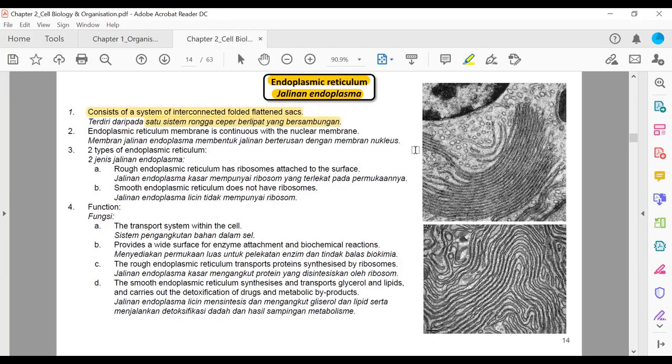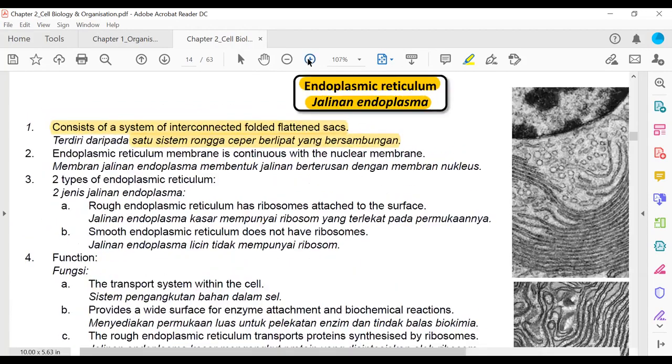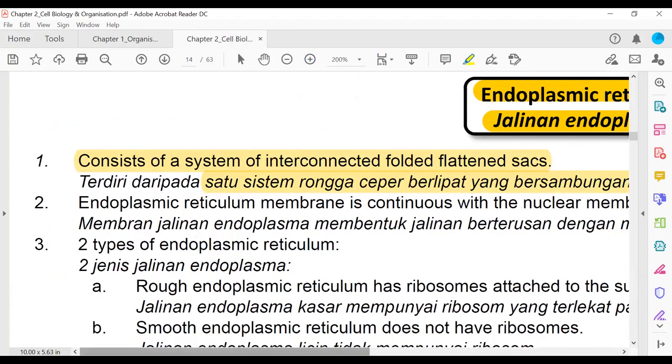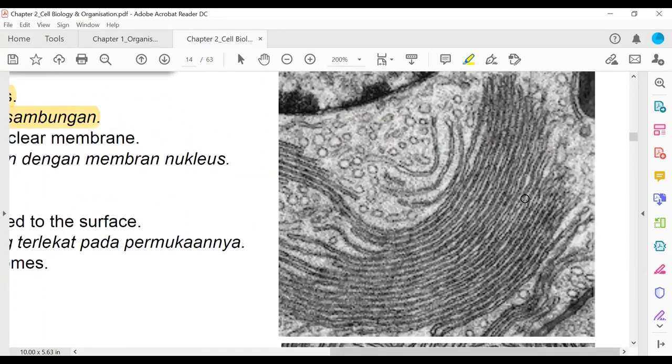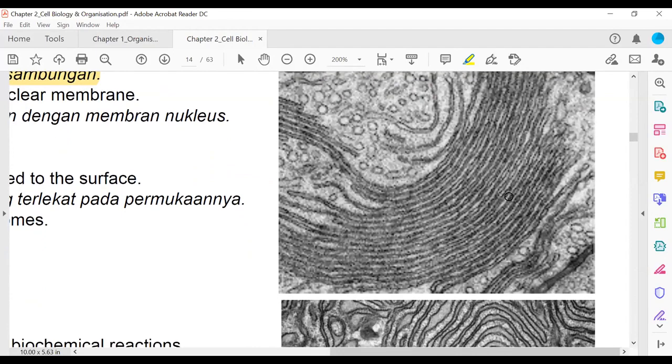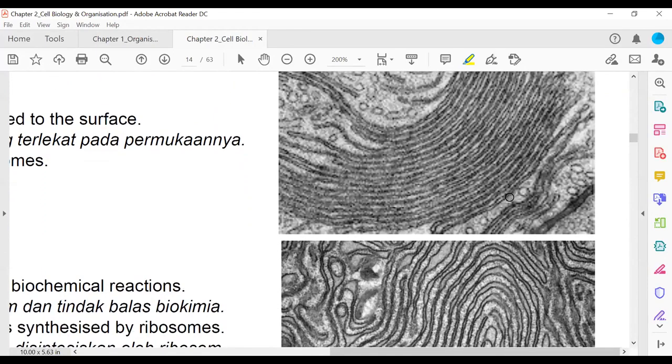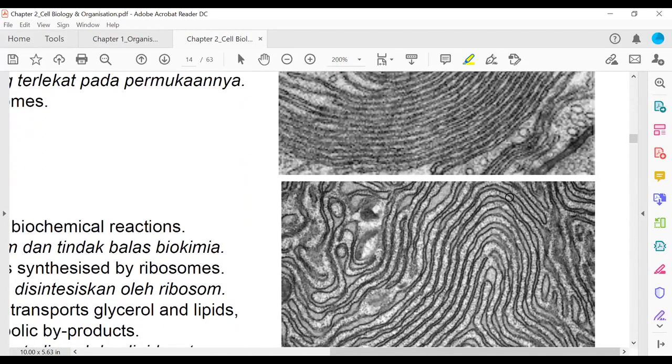A system of interconnected folded flattened sac. Kalau saya besarkan dia, dia nampak macam Golgi apparatus, cuma kalau Golgi apparatus dia ada bulat-bulat kat tepi dia kan, yang ni tak ada.